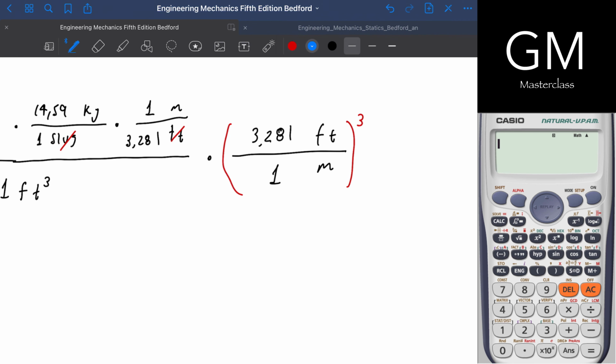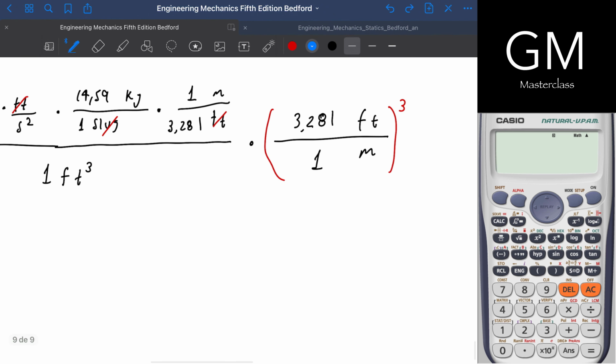If I would have, for example, a 4 here, then I have to evaluate this division to the 4th power, and that applies for every single number that I have here.